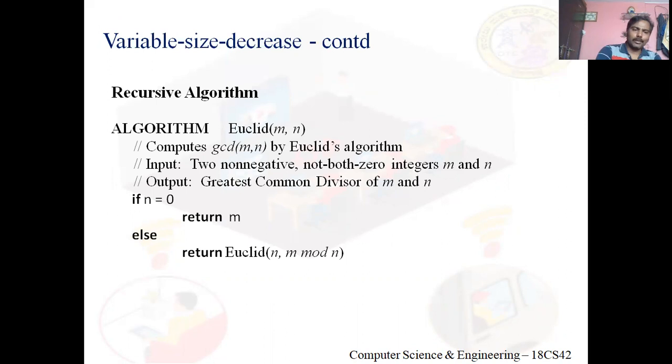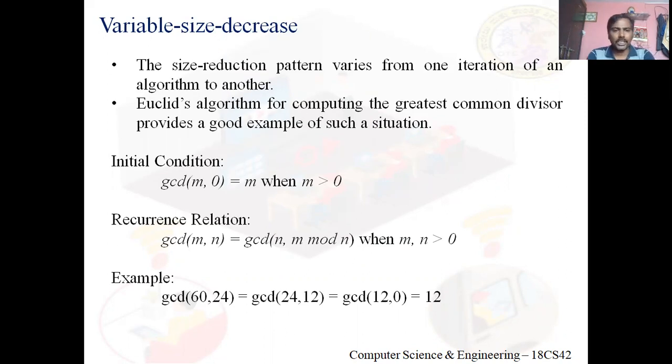So this is an algorithm. According to the initial condition, GCD of m comma 0 equals m, which means the second argument n is 0.